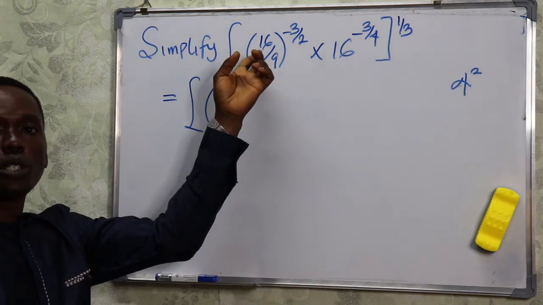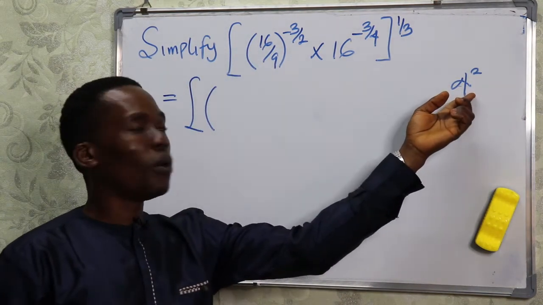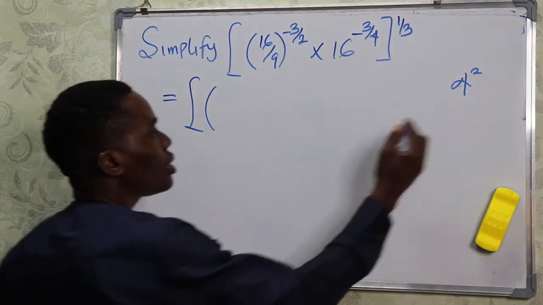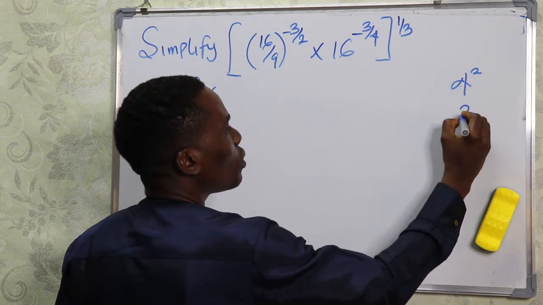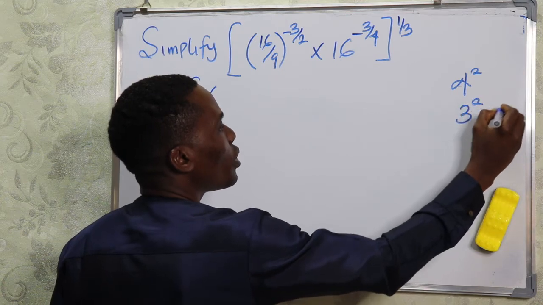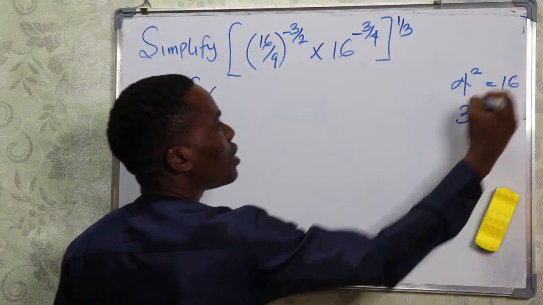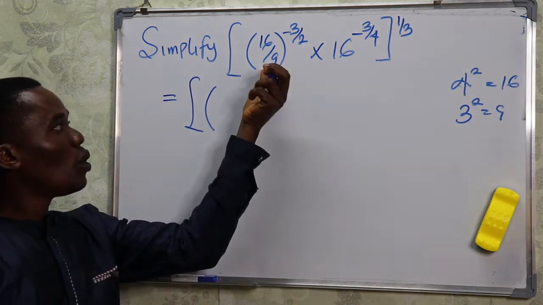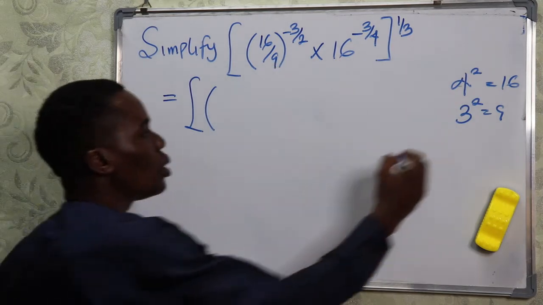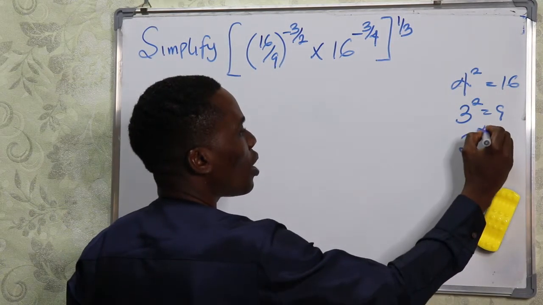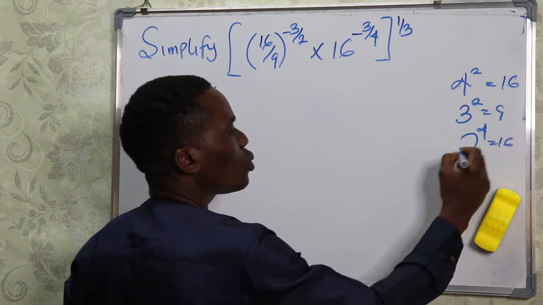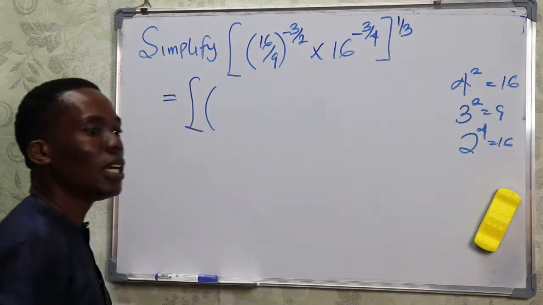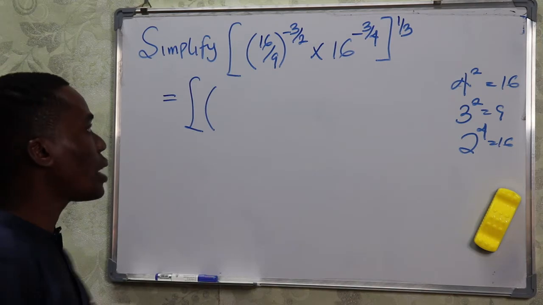That is what we want to reduce. The next one, 3 raised to power 2 will give us 9. That is exactly what we want to do. As for this one, 2 raised to power 4 will give us 16, because 2 times 2 is 4, 4 times 2 is 8, 8 times 2 is 16. So we'll get those values.